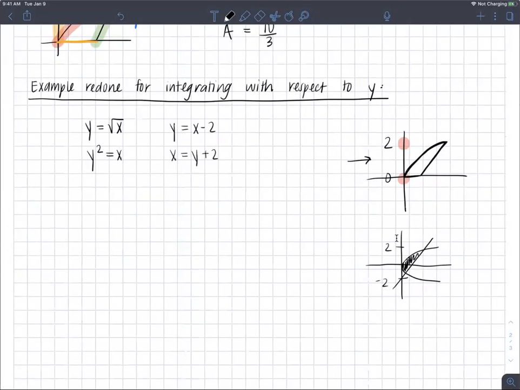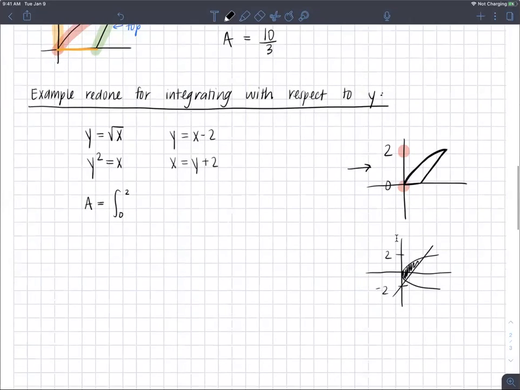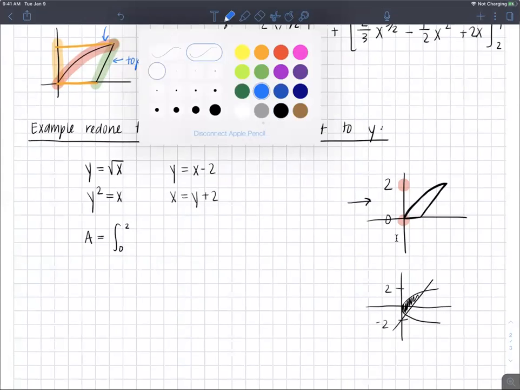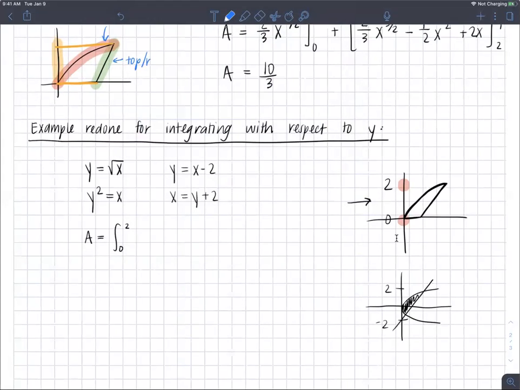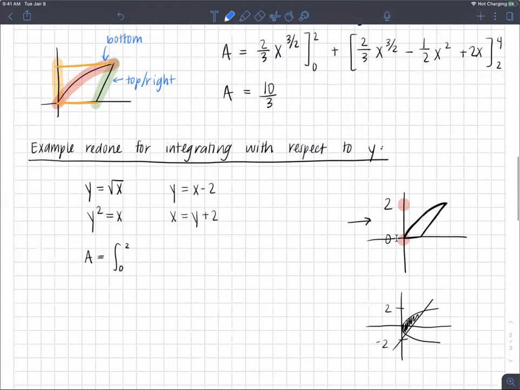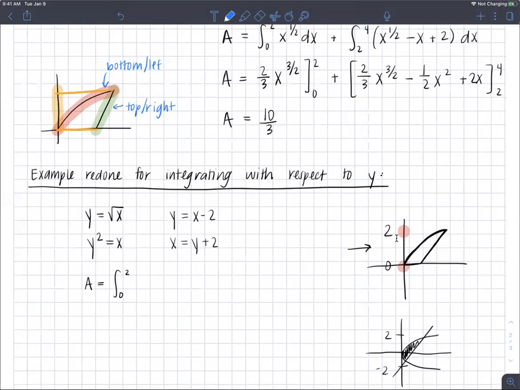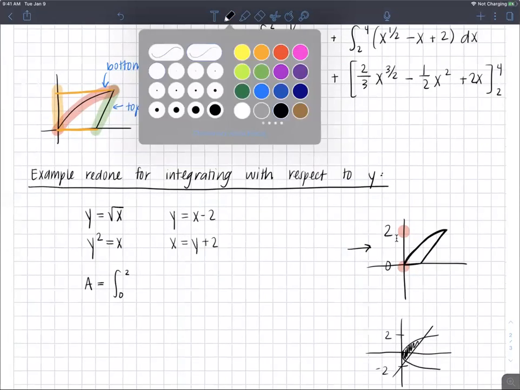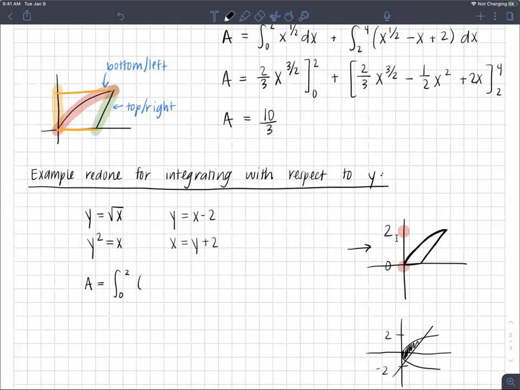So here, the area is equal to the integral from 0 to 2. The right function is the top, while the left goes with the bottom.